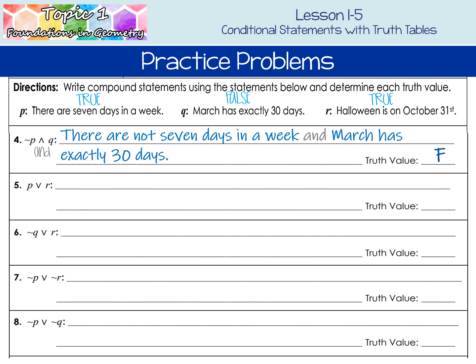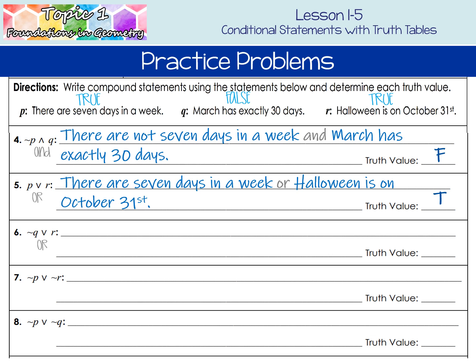Now we flip the symbol upside down, which is now going to be an or. So it's P or R. So at least one of them needs to be true. So P, there are 7 days in a week, or R, Halloween is on October 31st. That's going to be true. They both happen to be true, but we only need at least one of them to be true. Look at number 6. We're negating again.